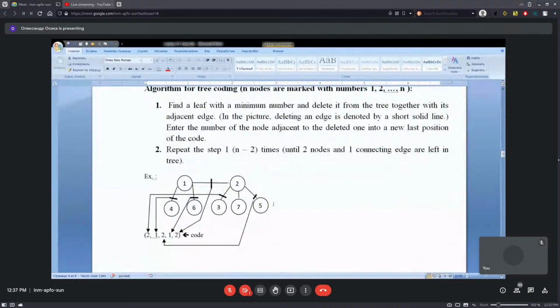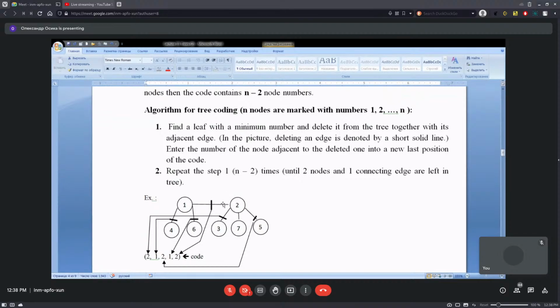Here is a picture of a tree. Here there is no root. It is not a binary tree, but at least, look, nodes are numbered from 1, 2, 3, 4, 5, 6, and 7. 7 nodes.